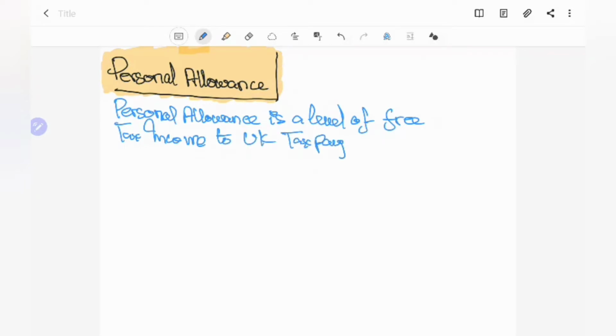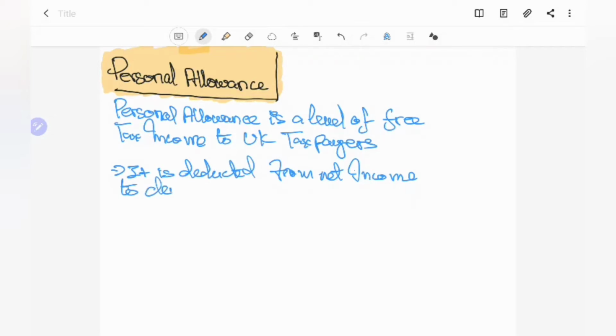It is deducted from the net income to derive taxable income on the income tax computation.